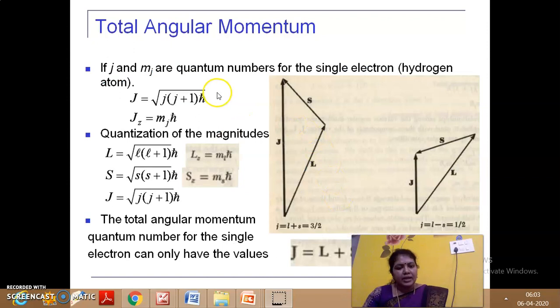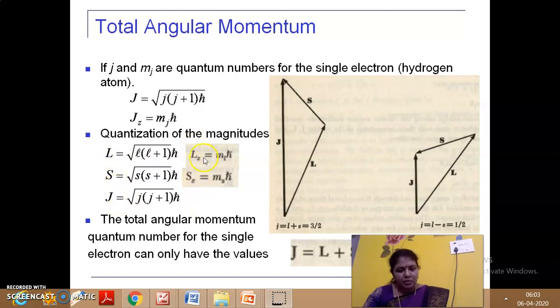The total angular momentum is now denoted by the quantum numbers J and Mj, where the magnitude of the total angular momentum is given by J is equal to root of j into j plus 1 h cross, and its possible orientations are given by Jz is equal to Mj h cross. So the magnitudes are quantized for orbital angular momentum, for spin angular momentum, and now for total angular momentum.